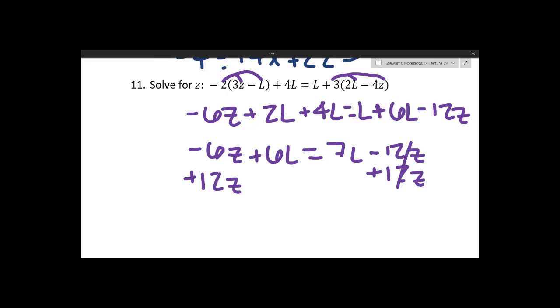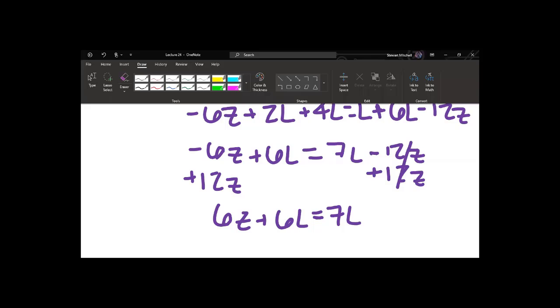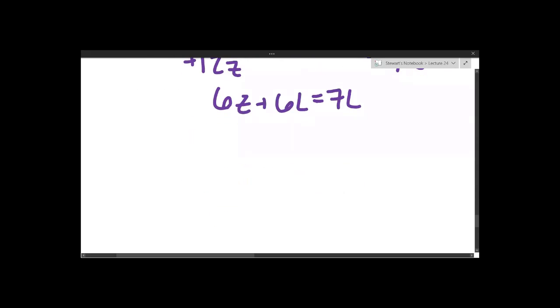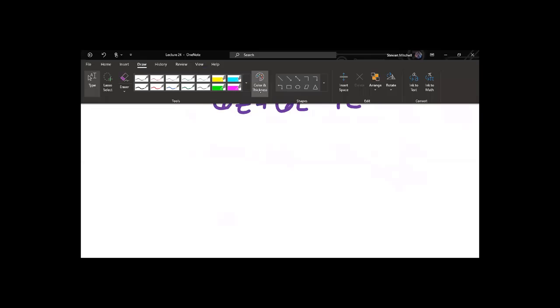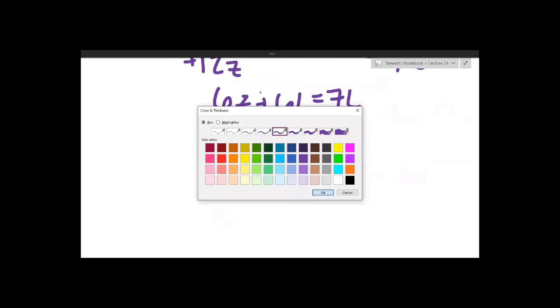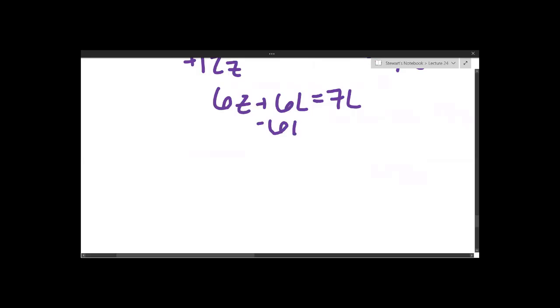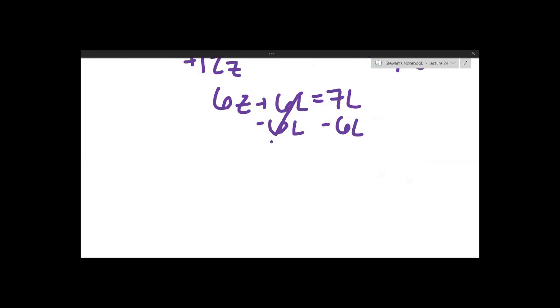So negative 6 plus 12 would be positive 6z plus 6L is equal to 7L. Now, to continue to isolate the variable, we need to get rid of that 6L that's next to the 6z that's being added to it. So we're going to subtract 6L on both sides, so that we're left with 6z is equal to just 1L.